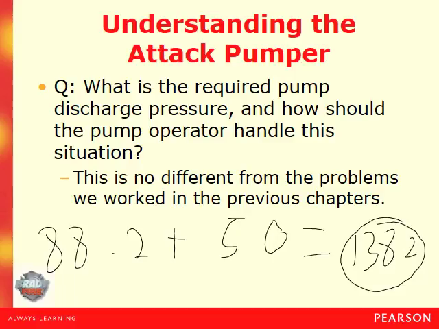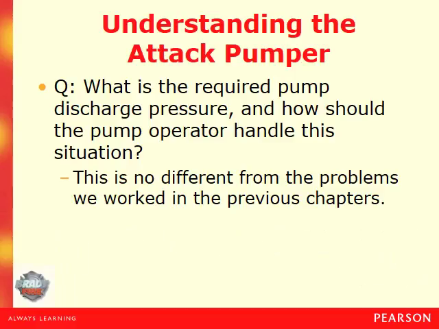Now we got to figure out our third line. Remember, our third line is 150 feet of 1.5 inches, and it's flowing 60 gallons per minute. So let's see here. Our coefficient is going to be 24 for that size line.